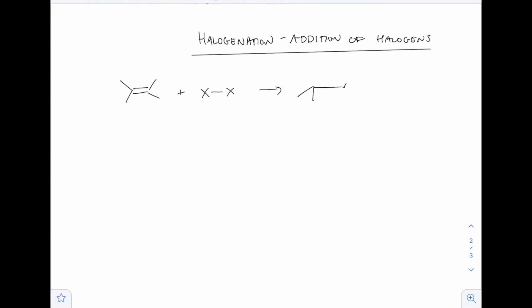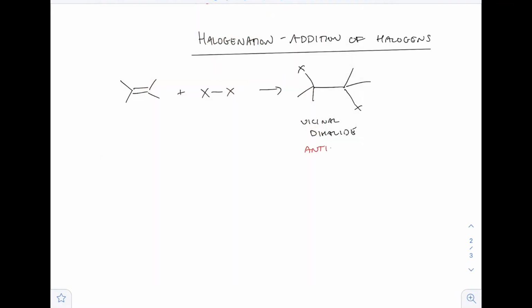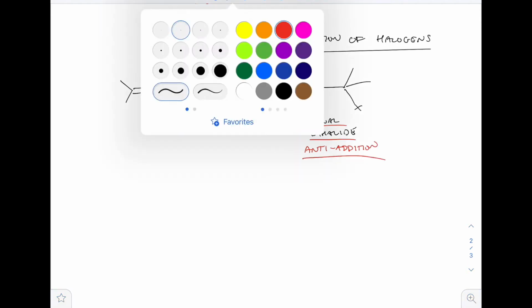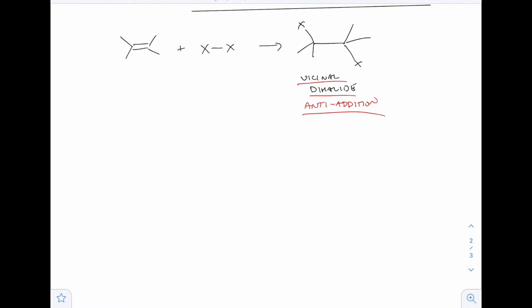That's what X represents here, and we are adding two X's across that pi bond, so we obtain a vicinal dihalide. Hopefully you know why this synthesis would be useful: with vicinal dihalides, if we have multiple beta hydrogens, we can create an alkyne. In addition, we always have anti addition.